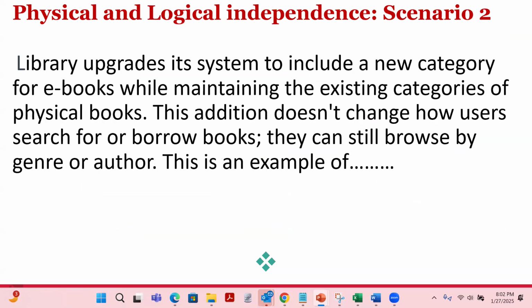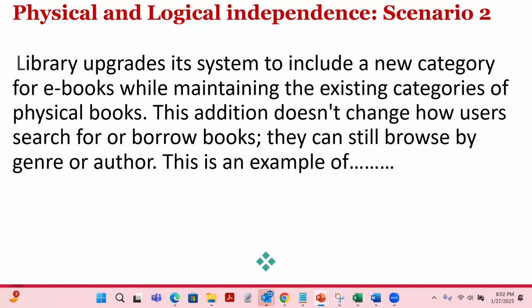Let's look at the next scenario. Next scenario, we also need to identify whether it's physical or logical independence. A library changes its system to include a new category for ebooks while maintaining the existing categories of physical books. So again, we add more data, okay?